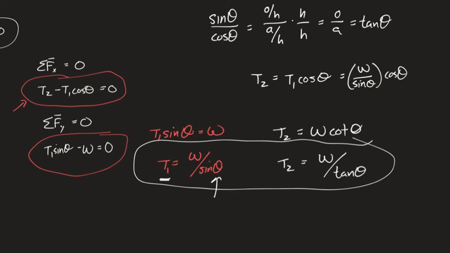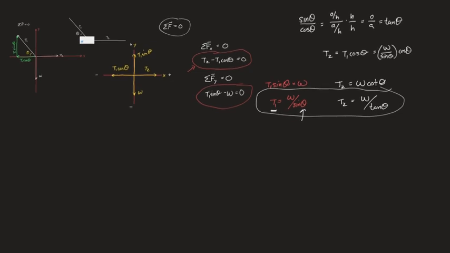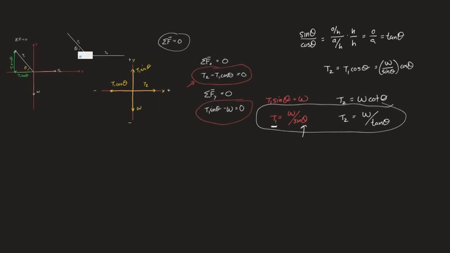But plenty of kids have been killed on swing sets because they chose ropes that couldn't actually support the swinging weight of the kids. It comes down to this kind of stuff. So, this is the static problem that has to do with the sine. Hopefully you have all of those things down, but you also have all the things that you need to solve your own version of this.